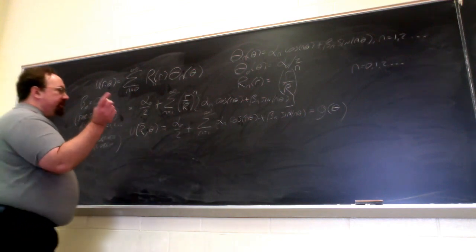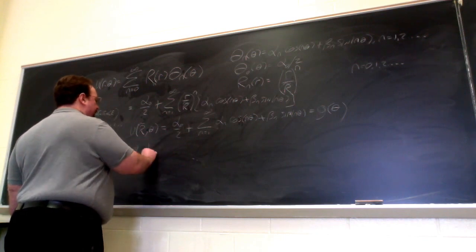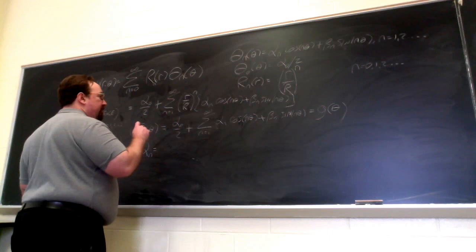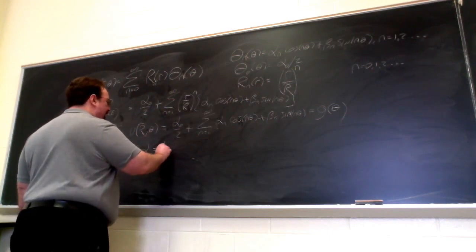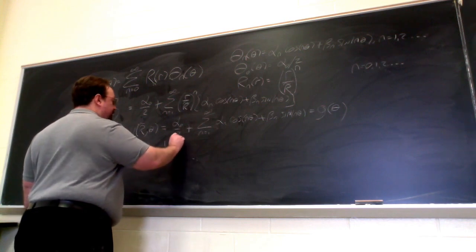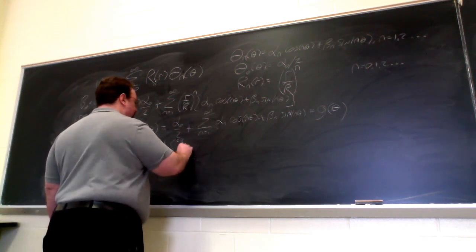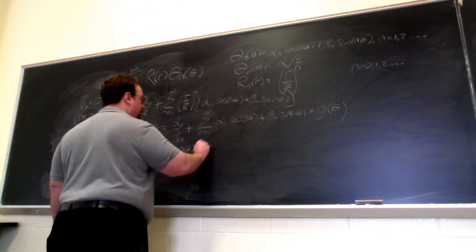So now I just have an ordinary Fourier series for g of theta, and we know what those coefficients are. Alpha n is going to be 2 over L, so that's 2 over 2 pi, so 1 over pi, integral from 0 to 2 pi of g of theta cosine n theta.